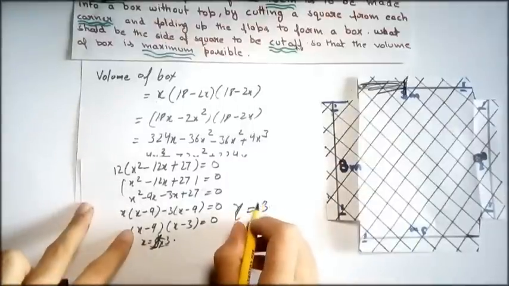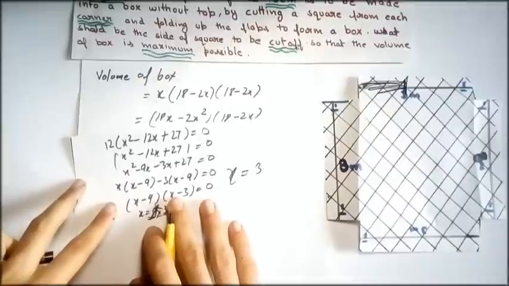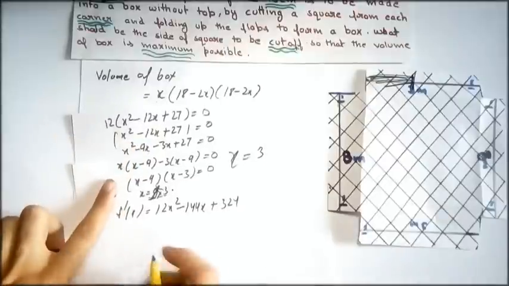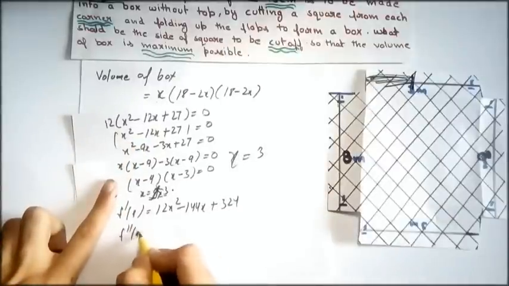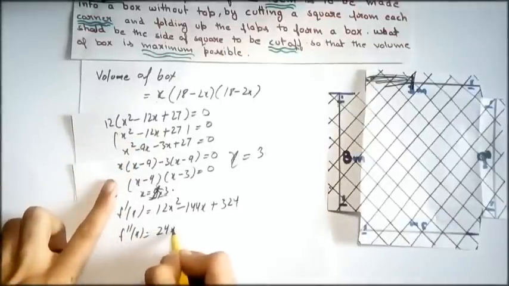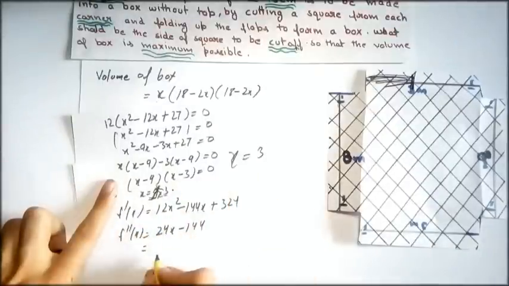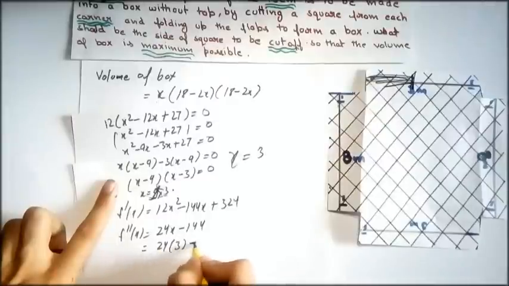Now we have to find f double dash x. f dash x was this, so f double dash x is 24x minus 144. Now we will put the value 3, that is 24 multiplied by 3 minus 144.